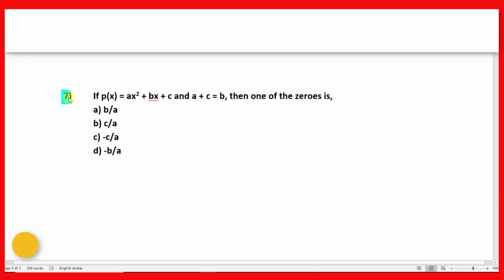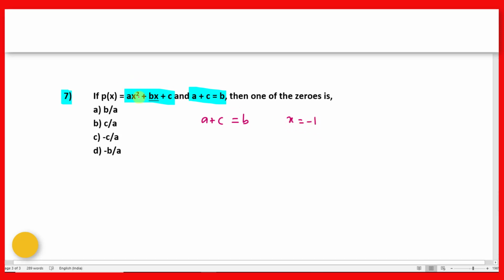Friends, here is the question number 7. If p of x is equal to ax square plus bx plus c and a plus c is equal to b, then one of the zeros is b upon a, c upon a, minus c upon a, or minus b upon a. So here it is given that a plus c is equal to b. It means that x is equal to minus 1.